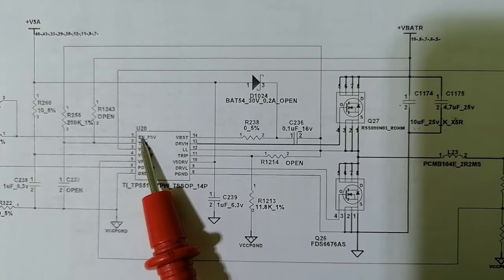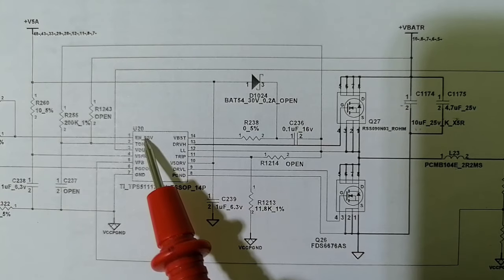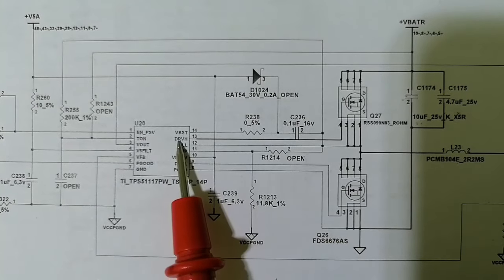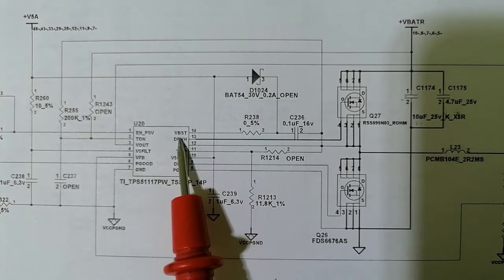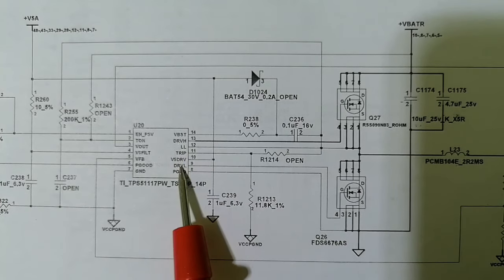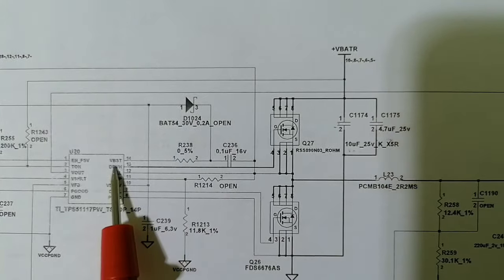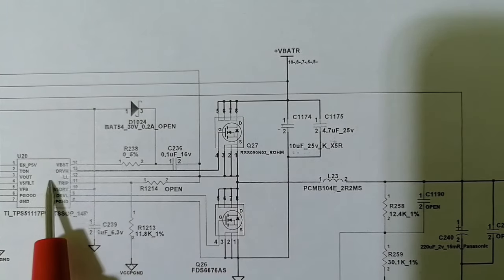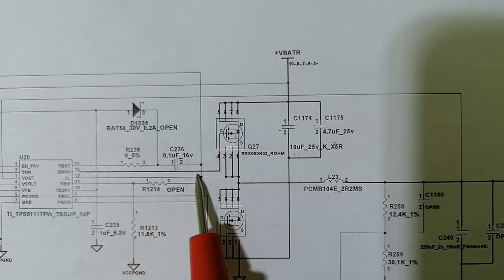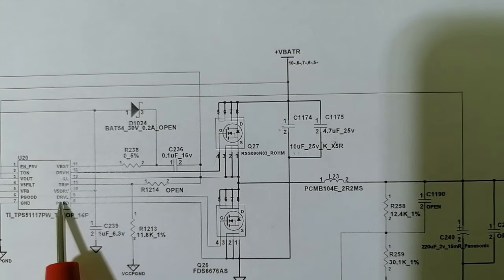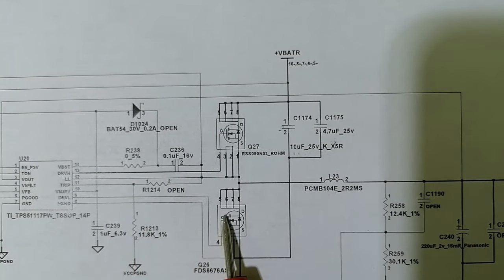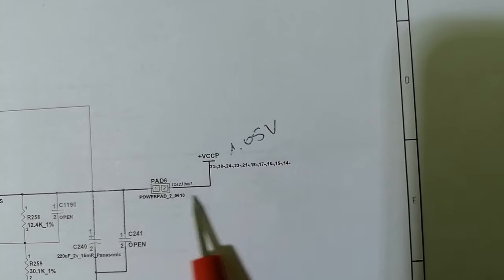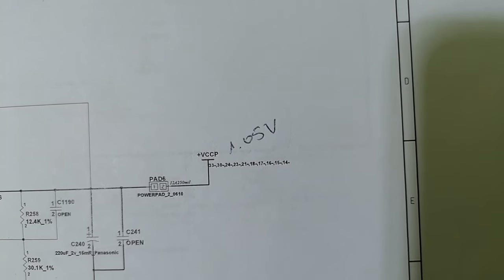And also, as you can see here, EN means enable signal. Once the IC receives the input signals, it will generate the drive signals to these two MOSFETs: drive high signal to this MOSFET and drive low signal to this MOSFET, and then we will get the plus VCCP V out over here.